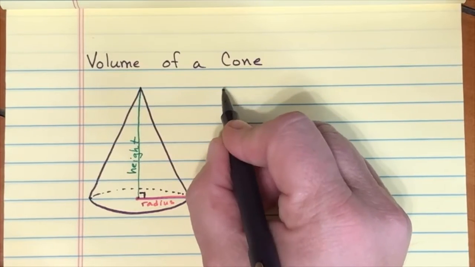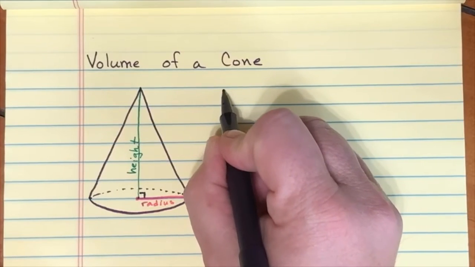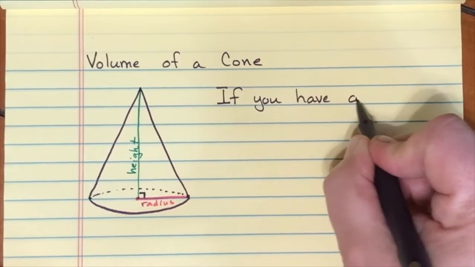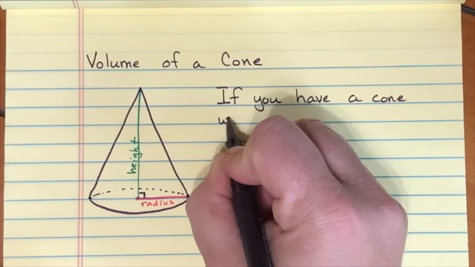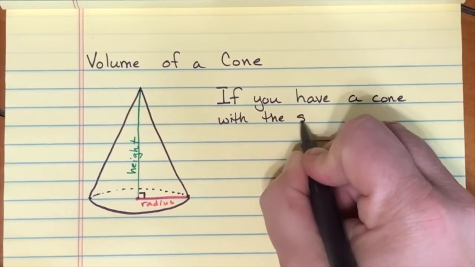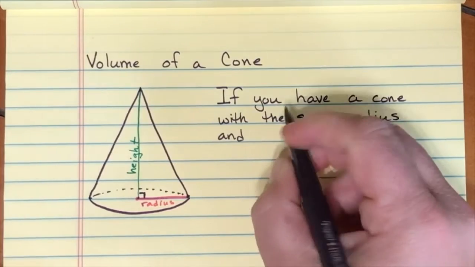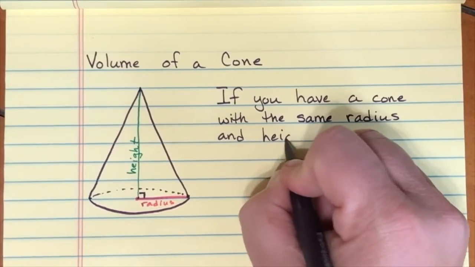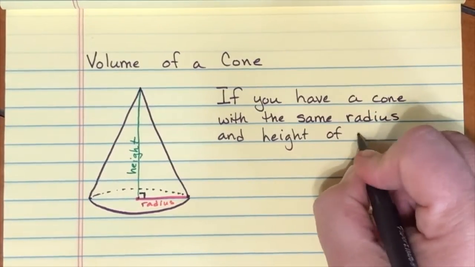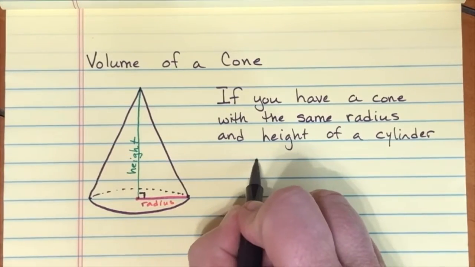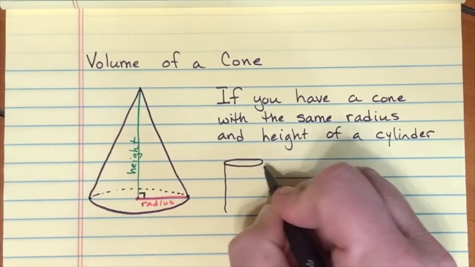But if you have a cone with the same radius and height as a cylinder, which is in the video in part one, that's the cone cup and the science beaker, they have the same radius, the same size circular base, and they are the same height. So they kind of fit inside each other. For example, this is just a little drawing.